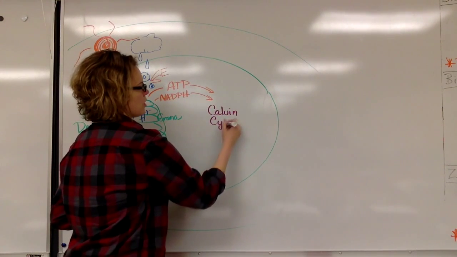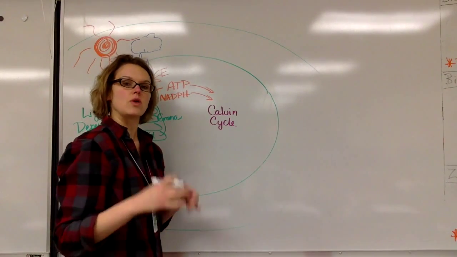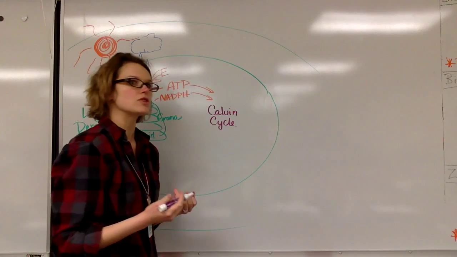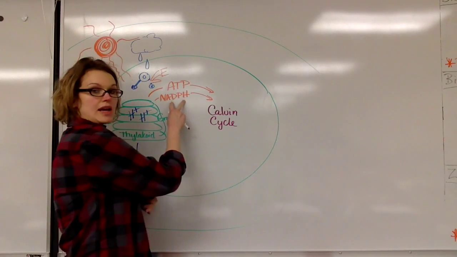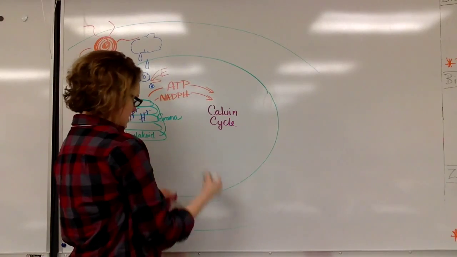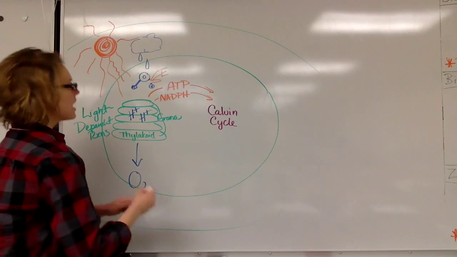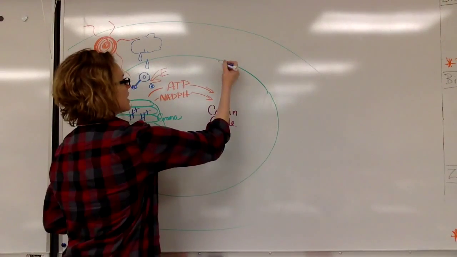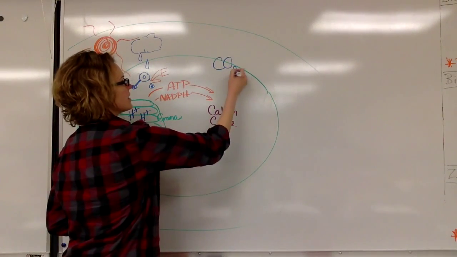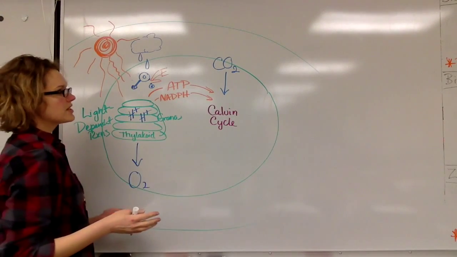Again, it used to be called the dark reactions or the dark cycle because it can occur when there is no sunlight out, because the energy that we need is right here. It's already created. And so we have that coming in. We also have carbon dioxide coming in here. Now we have all of the things that we need, right?